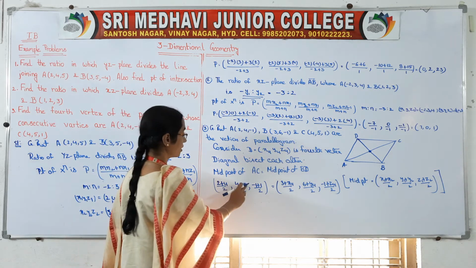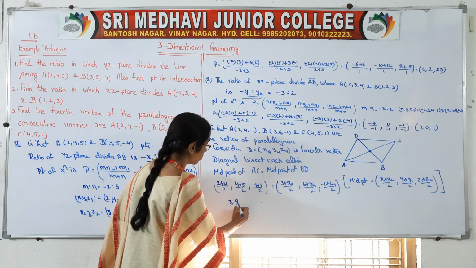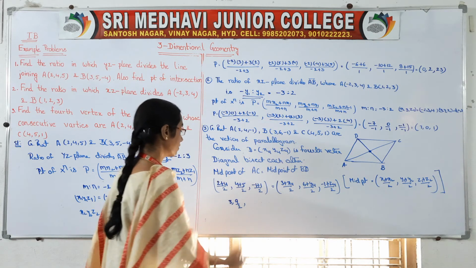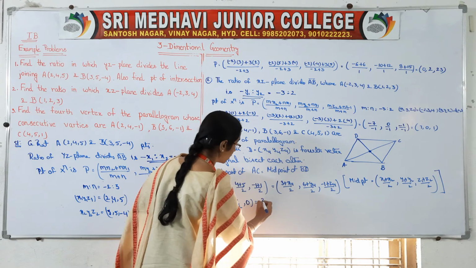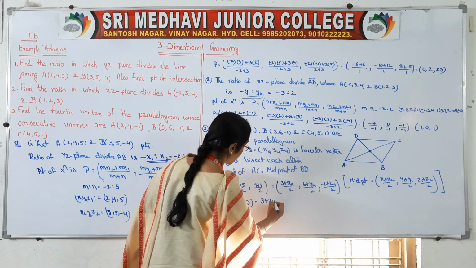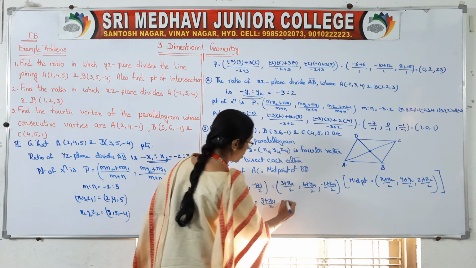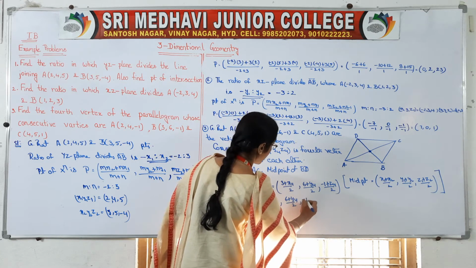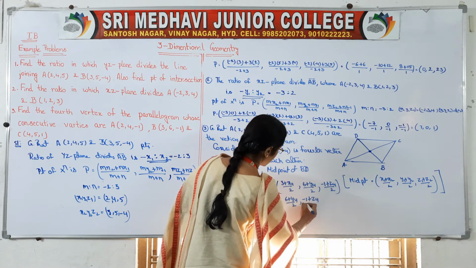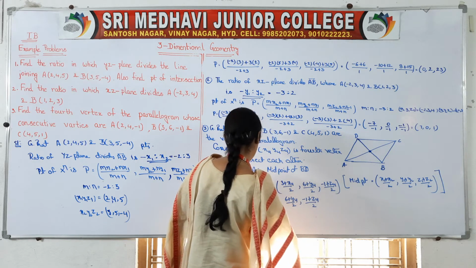Here this is 9 by 2. Here 0 by 2, 0. Is equal to 3 plus x4 by 2, 6 plus y4 by 2, minus 1 plus z4 by 2.